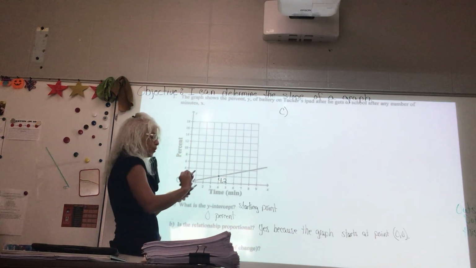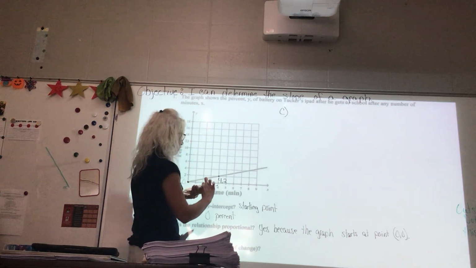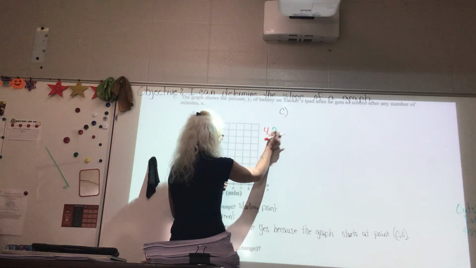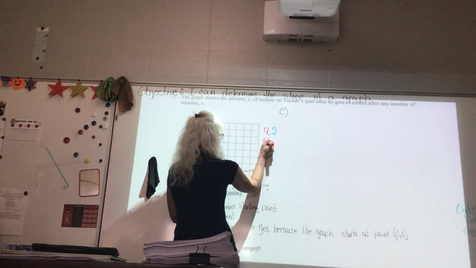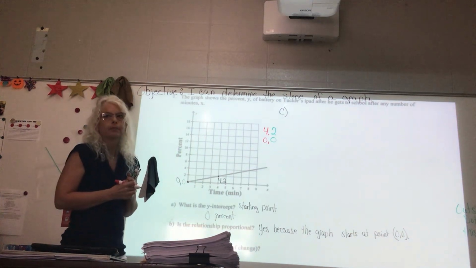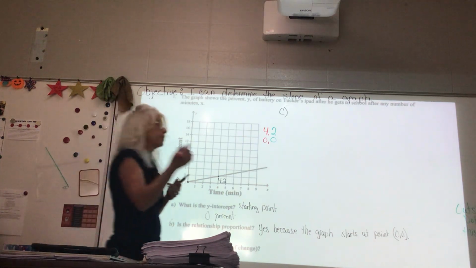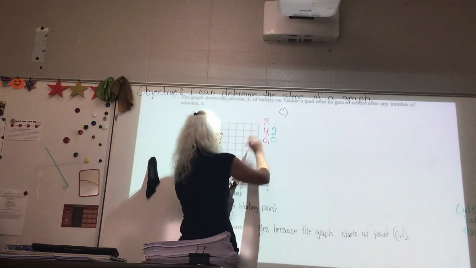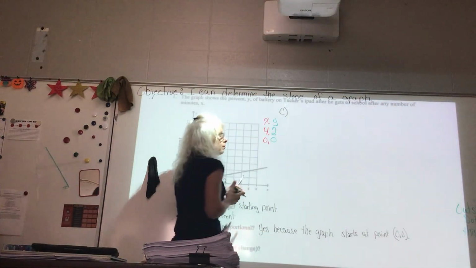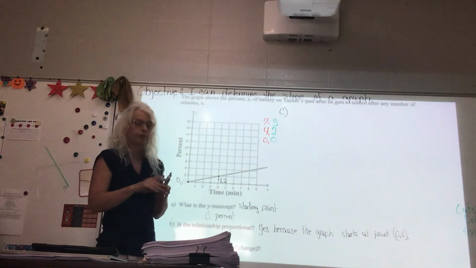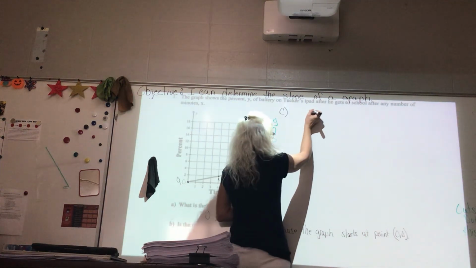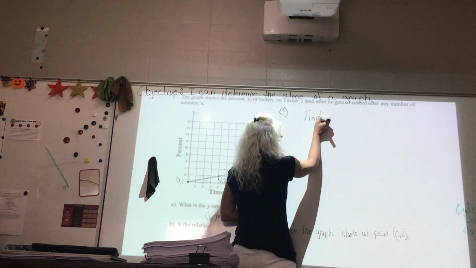So I'm gonna write my ordered pairs down. 4, 2, and 0, 0. Remember, label your columns as X and Y. Now we're going to use our points to find slope.